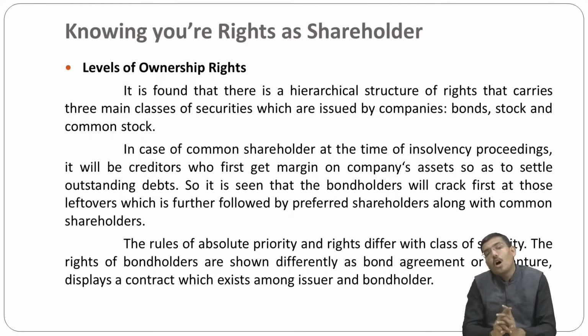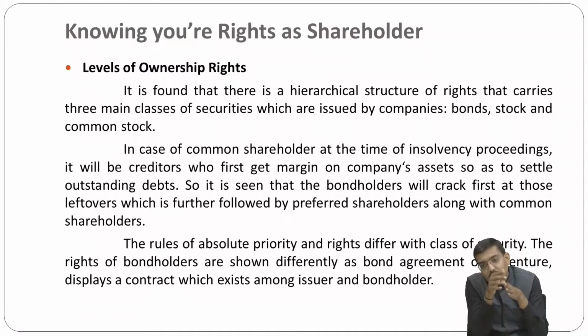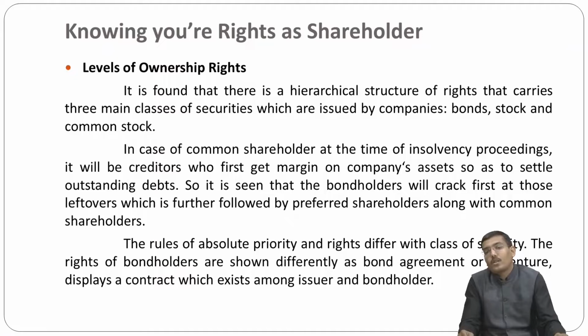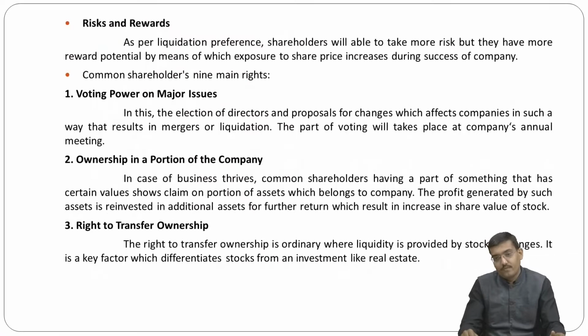So the rule of absolute priority and the rights differ with the class of securities, and the rights of bondholders are shown differently, as in a bond agreement, or we can say a debenture, the contract which exists between the issuer and the bondholder.